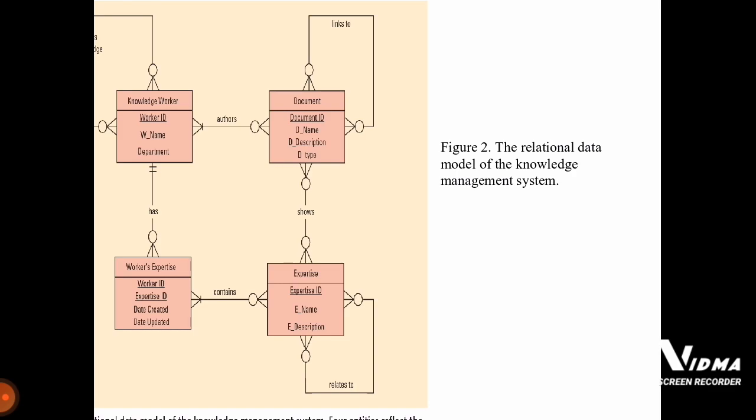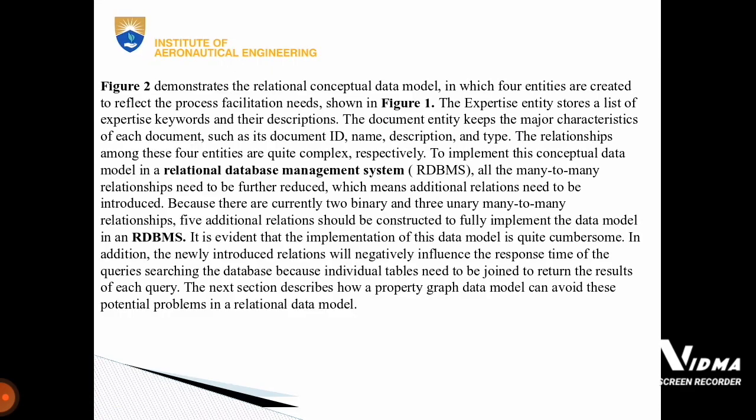This diagram shows the relational data model of the knowledge management system. Figure 2 demonstrates the relational conceptual data model in which four entities are created to reflect the process facilitation needed.